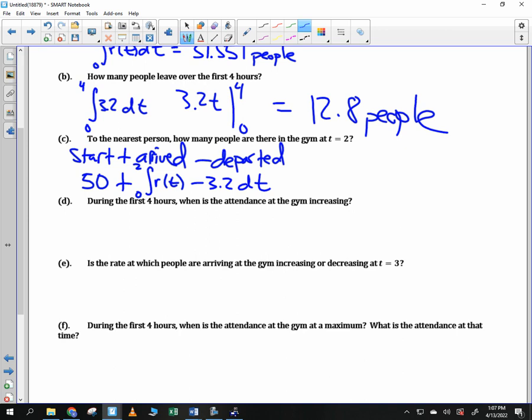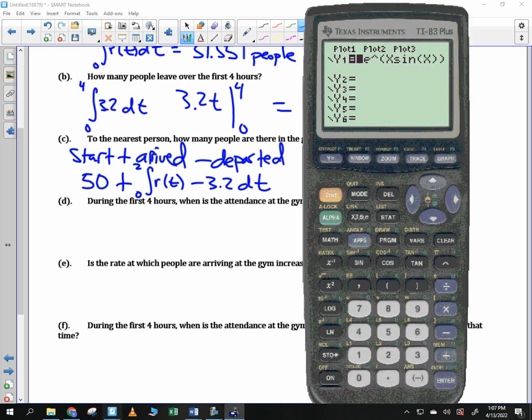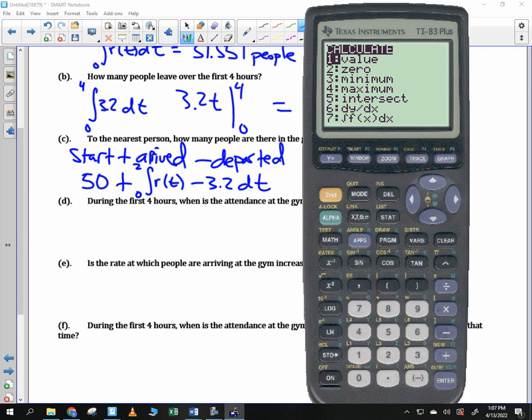So you could take integrals and put them together as one as you're adding and subtracting. Everybody see that? So I want to figure out this integral of r of t minus 3.2. And so I'm going to go to my function, and I'm going to take this guy, and that's r of t. Now I'm going to subtract 3.2. And if I go into my calculate, do number 7, now I'm just going from 0 to 2.